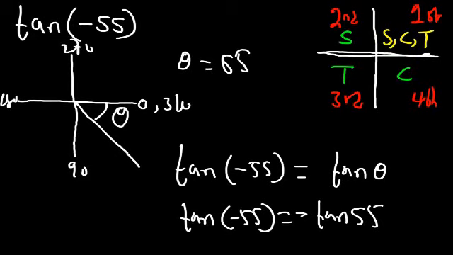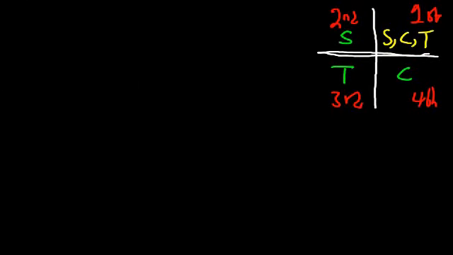That's how to easily find the corresponding trigonometric ratio of an acute angle to a given ratio. Let's consider more examples for easy understanding. So consider sine negative 230. What acute angle will correspond to this given ratio?